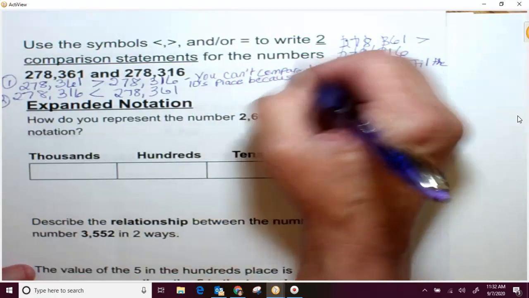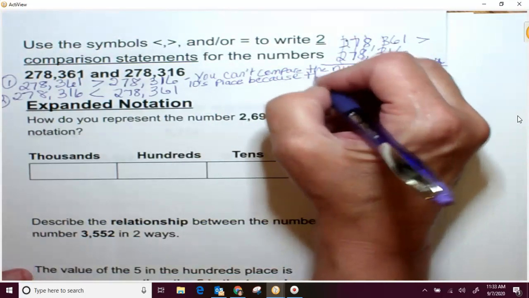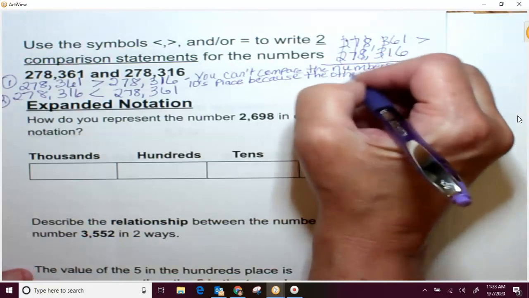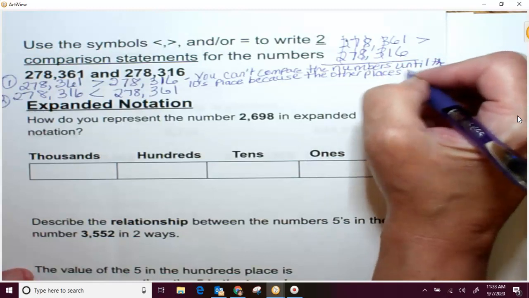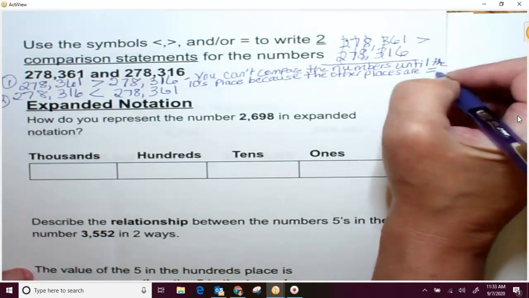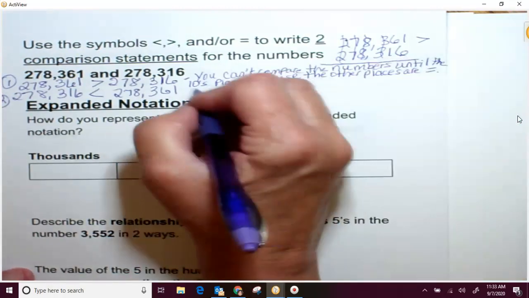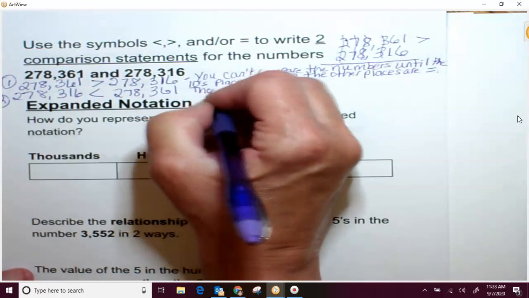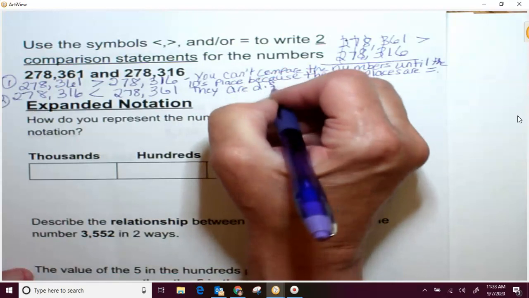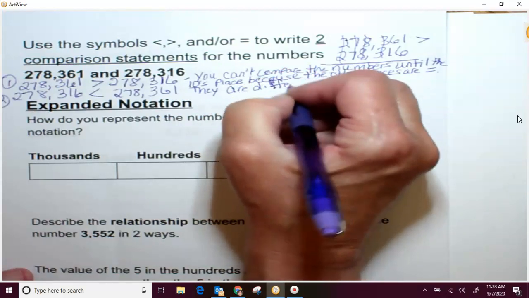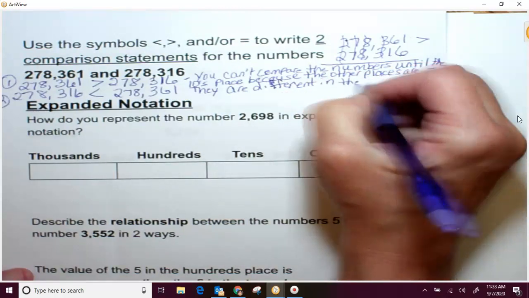Or we could say equal, because let's use our mathematical talk, because the other places are equal. But the tens place is different. They are different in the tens place.